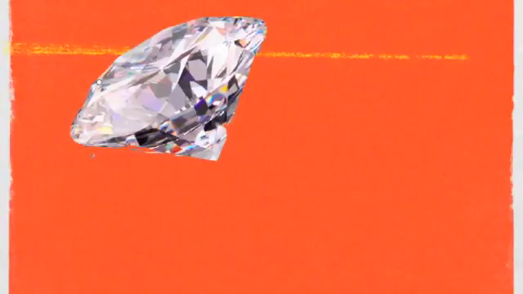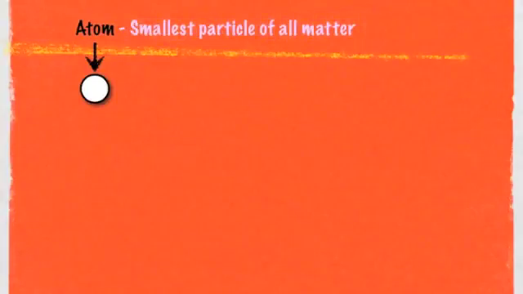Obviously, it has to be enlarged for you to see that, but let's say that little white circle is the smallest particle of that diamond, which we would call an atom. Let me enlarge it so you can see it a little better. One way we can define an atom is that it's the smallest particle of any type of matter. It's the smallest particle of all matter.